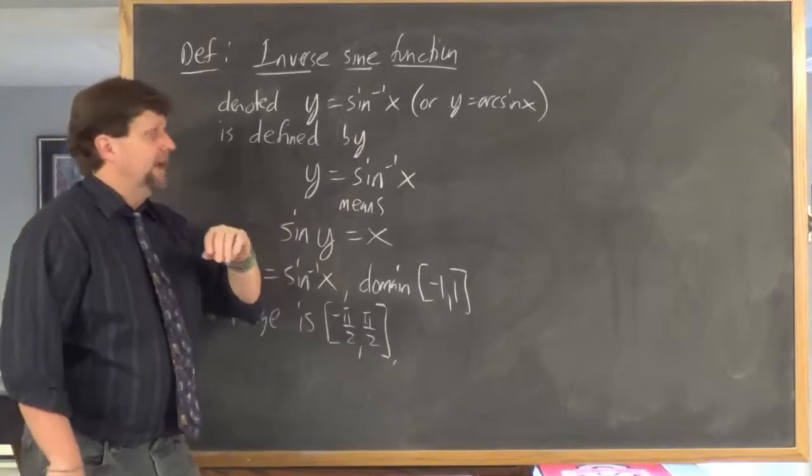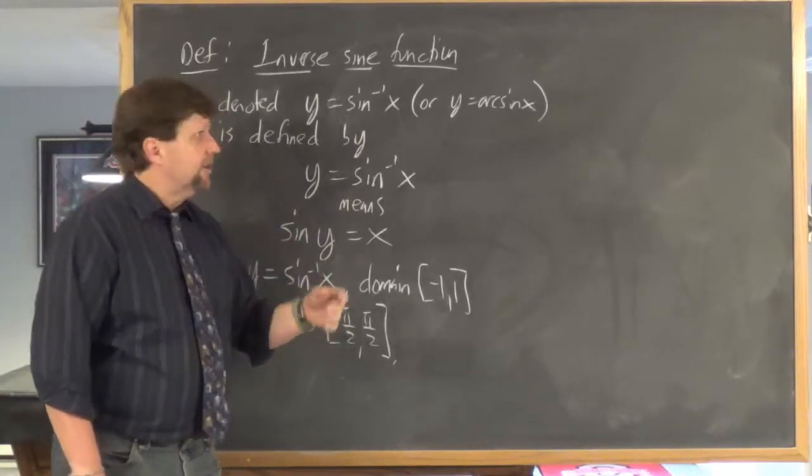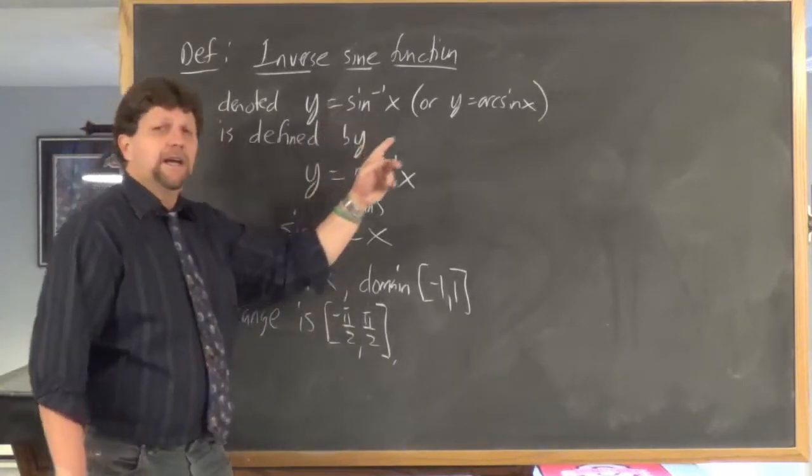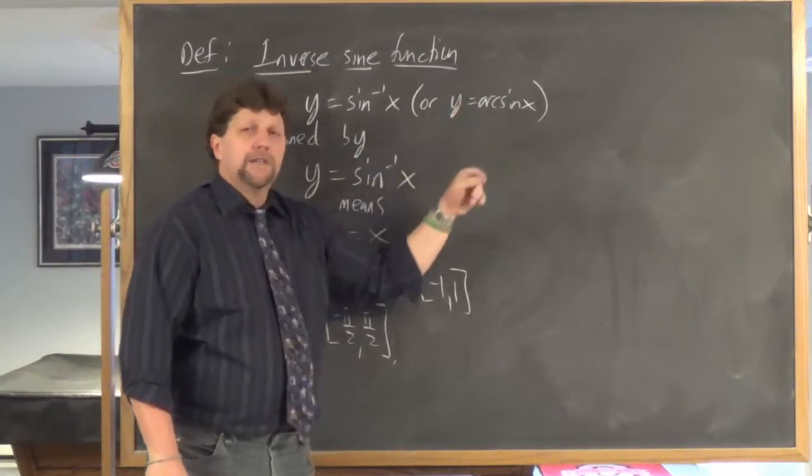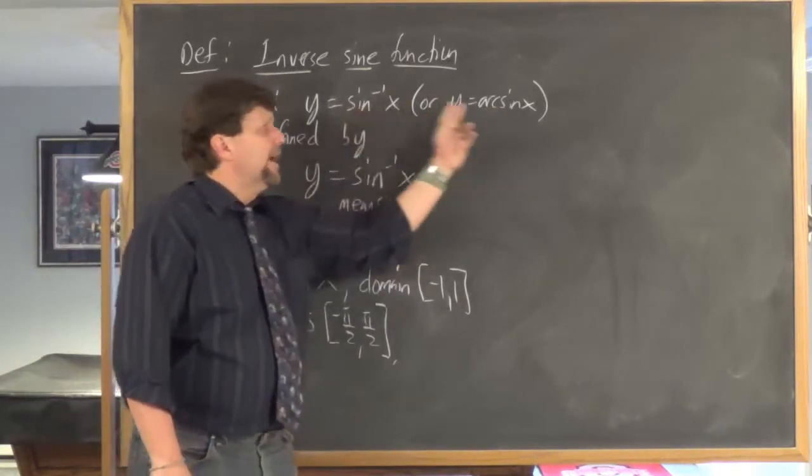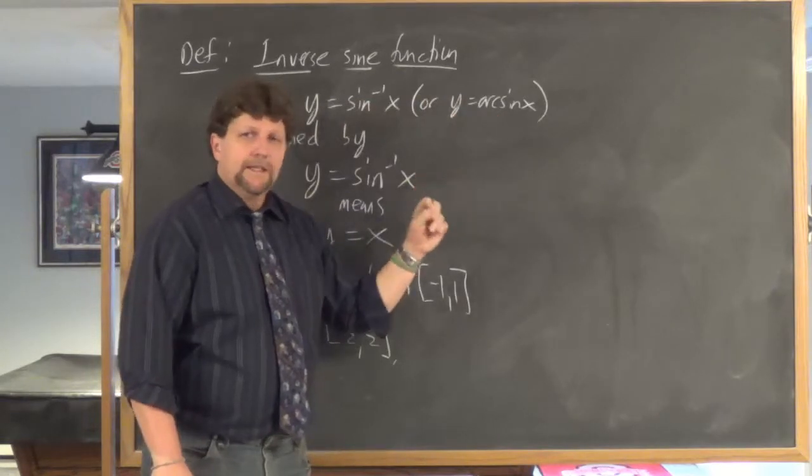Some books, and you might see this later on in calculus, instead of saying inverse sine, will say y equals arc sine x. Inverse sine and arc sine mean the exact same thing.